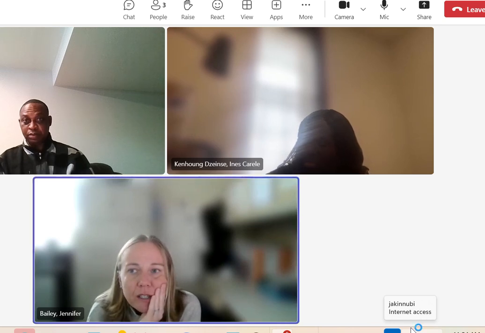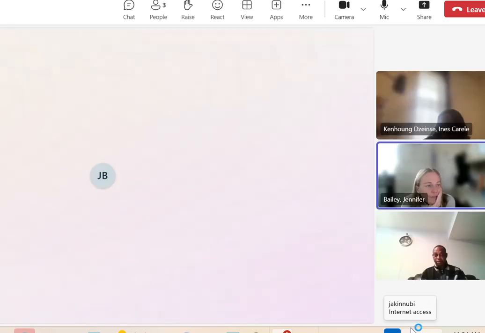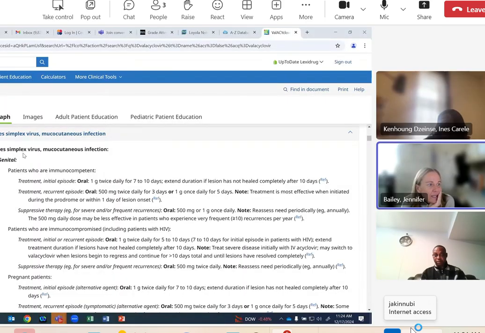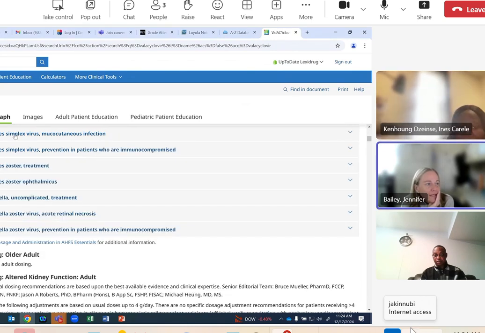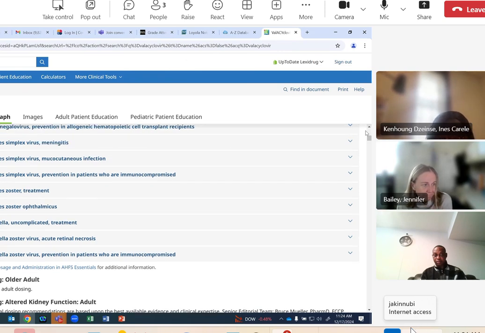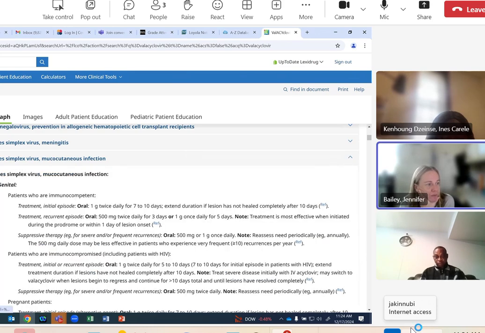So I'm sharing here. I just pulled up valacyclovir in Lexicomp, and then I went to herpes simplex mucocutaneous, because our genital HSV is mucocutaneous. It's our mucous membranes.